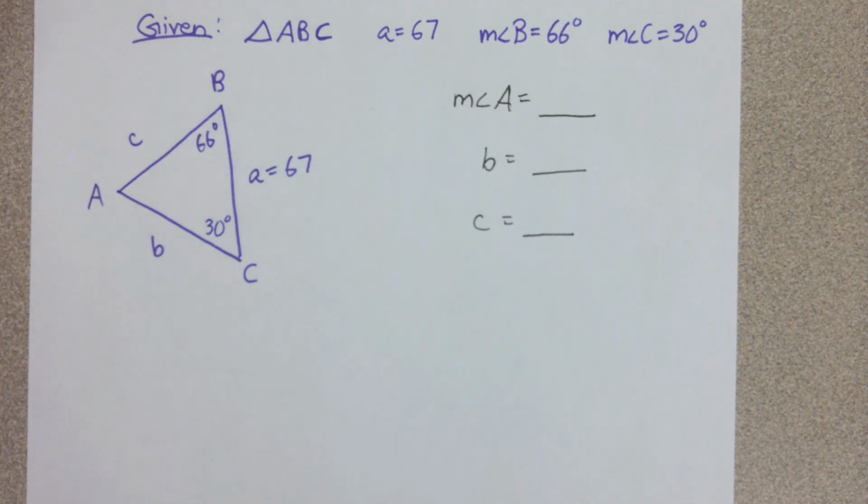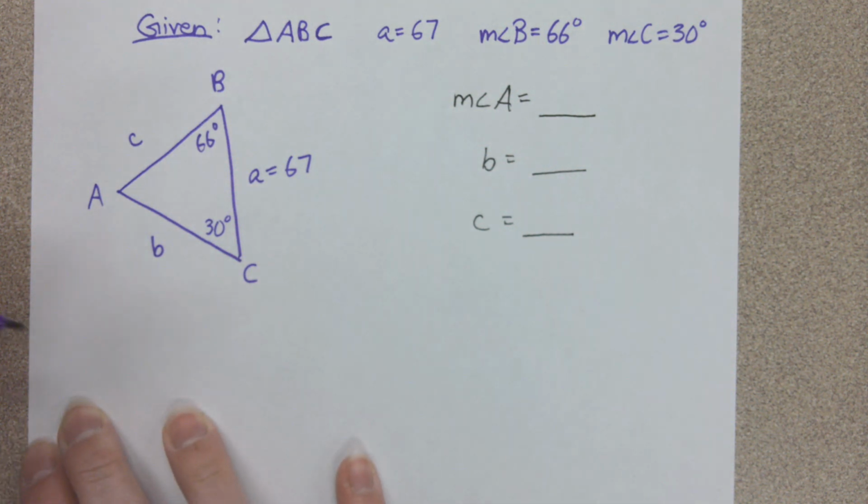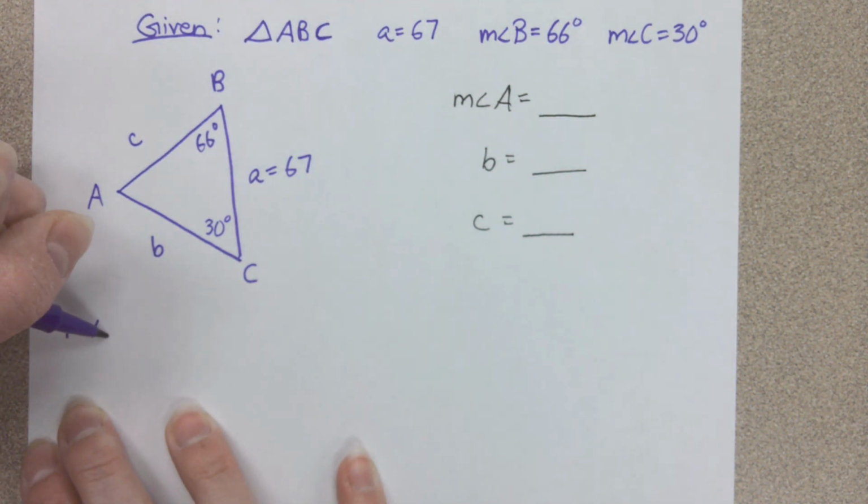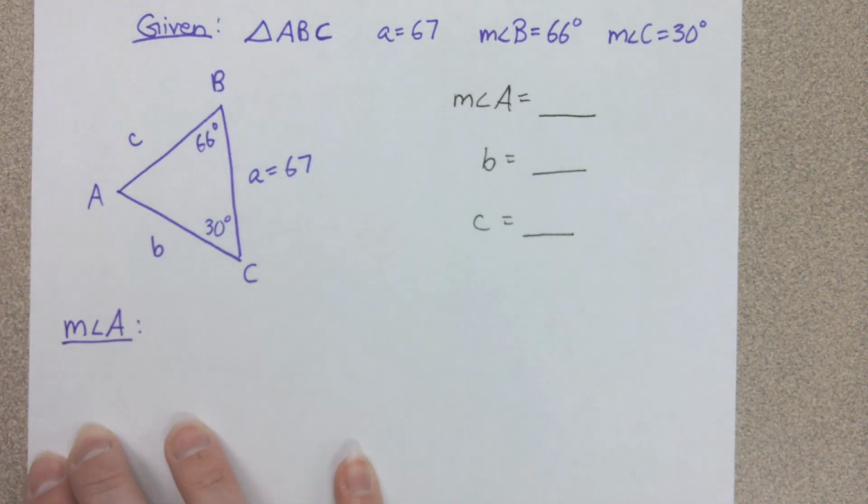All right, let's solve. The very first thing I'm going to solve for is actually angle A. Does anyone want to propose a method, a way to find angle A?